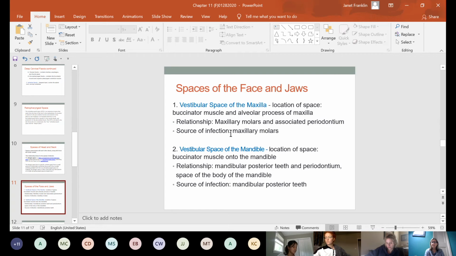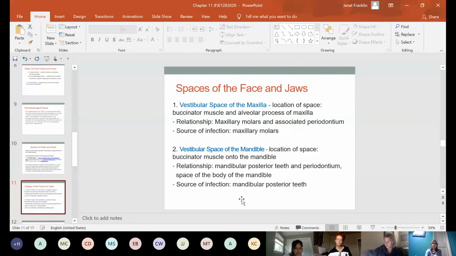The source of infection would be the maxillary molars for the vestibular space of the maxilla. The source of infection would be, so think about these spaces. These spaces are open areas, and so infection can get into them. So if you get infection in these spaces, it can be difficult to treat.